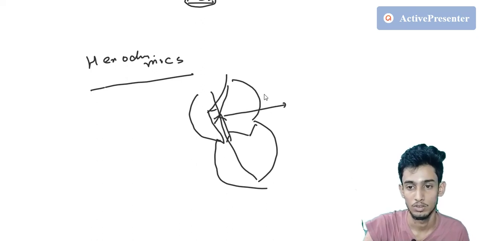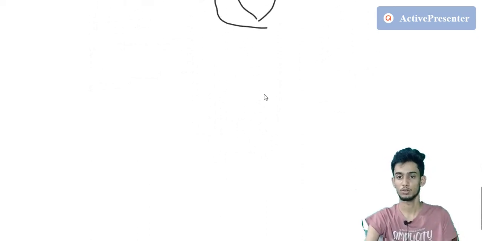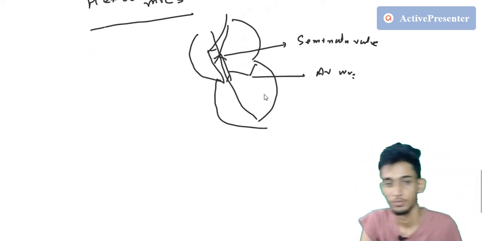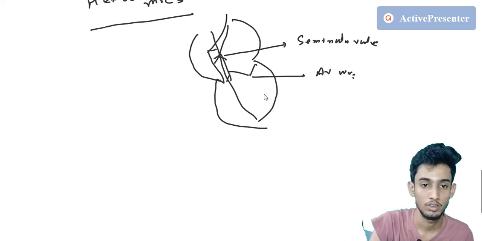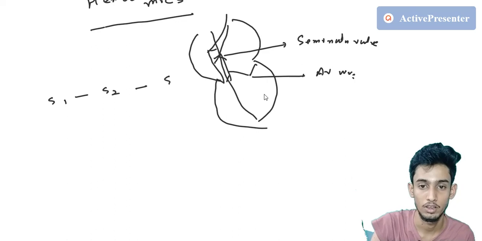So this is the semilunar valves, this is the AV valves. So let's move into the heart sounds. So what is S1, lub, S2, dub, again S1.